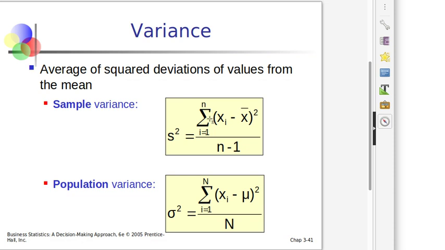You sum all of that from 1 up to the number of samples, and then divide that by n minus 1.